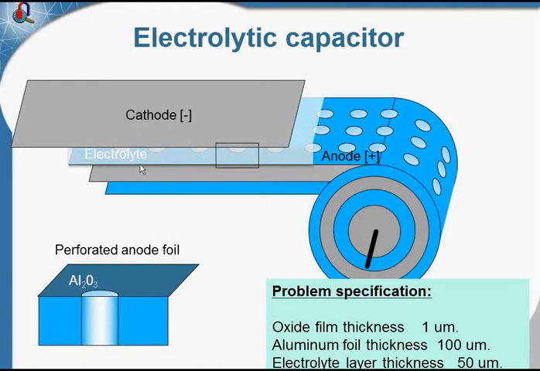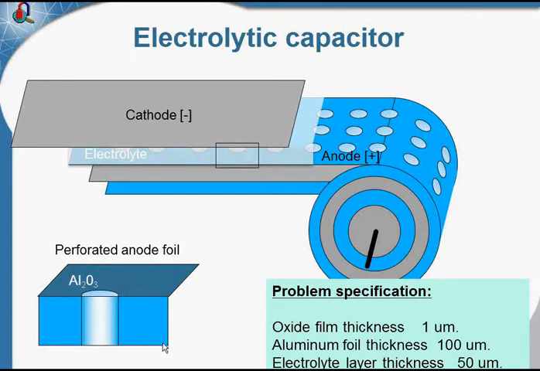Cathode is the conductor, electrolyte is the conductor, anode is the conductor. So where is the dielectric? The anode foil is covered with a very thin layer of oxide.